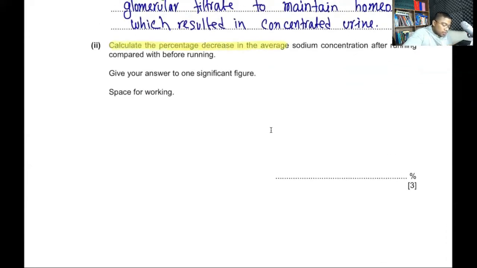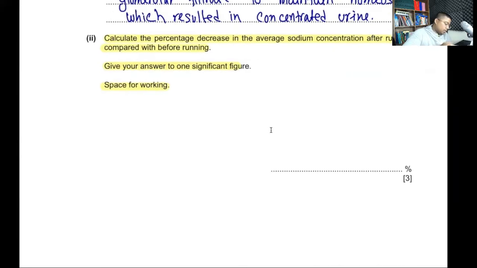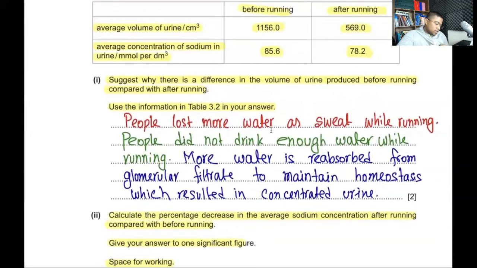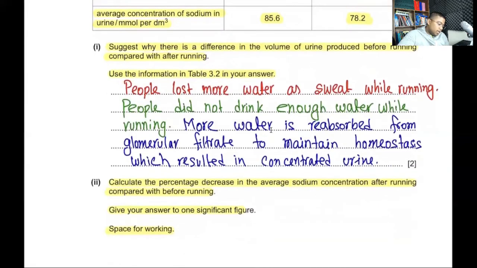Calculate the percentage decrease in the average sodium concentration after running compared with before running. Give your answer to 3 significant figures, space for working, okay? So the concentration before running is 85.6 and after running is 78.2.